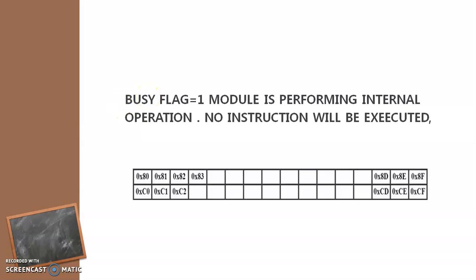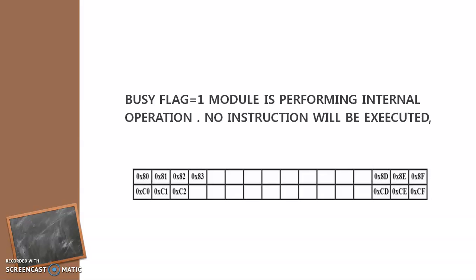If the busy flag, that is DB7, is 1, the module is performing an internal operation and no instructions will be executed or no command will be accepted by the LCD display. We mentioned that the LCD display comes with 2 lines and each line has 16 characters.